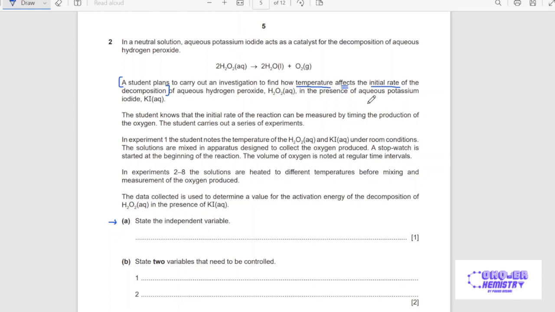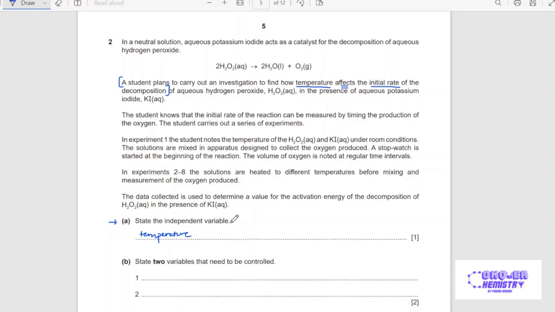By varying the temperature, you will vary the initial rate that is dependent on the temperature, right? So the temperature is what you will change yourself. That is what you will vary. So that is your independent variable. That is the temperature.